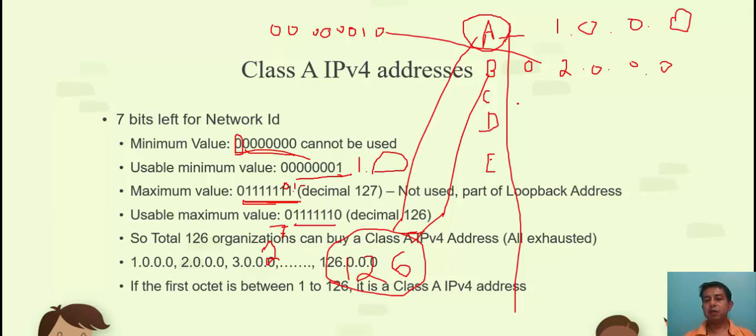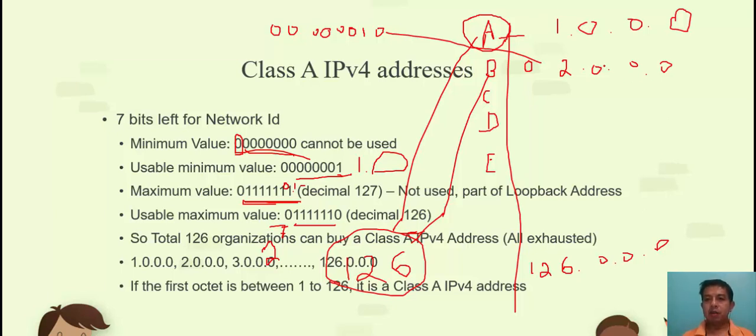Then the third organization went for buying a class A address. It was given the IP address 3.0.0.0. Like that, up to how many organizations? Up to 126 organizations. The last organization that went to buy an IP address was provided with the address 126.0.0.0. Clear? These were the network addresses given to these organizations.